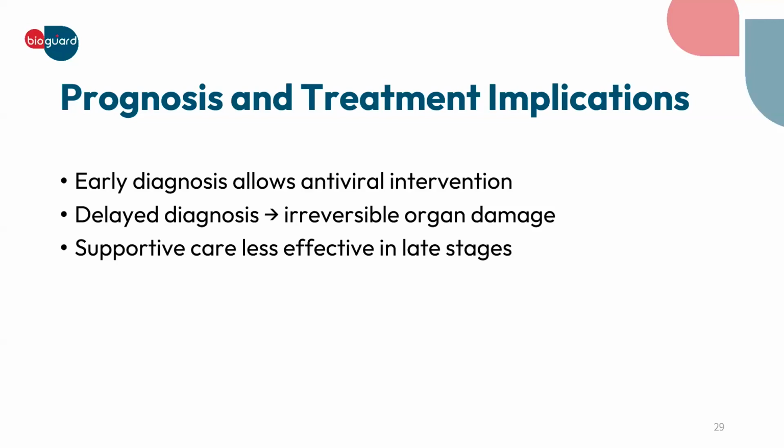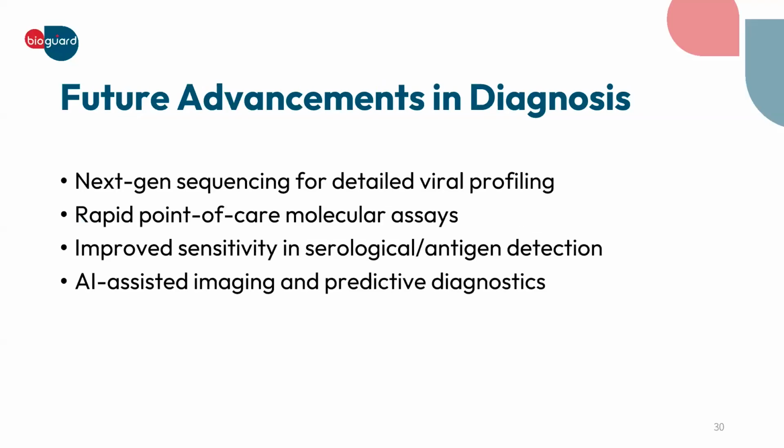However, as I mentioned, if there is a delay in the diagnostics, then whatever organ damage has already happened in the cat will be irreversible. So at that point also, supportive care will not be very effective in those later stages in the cat, which will lead to death at the end. So yeah, we have to be very careful.